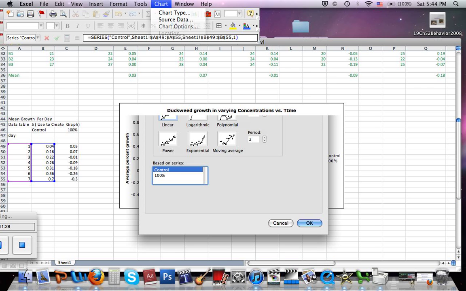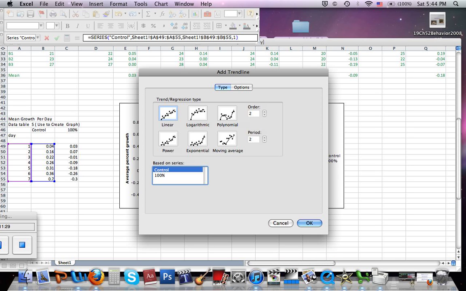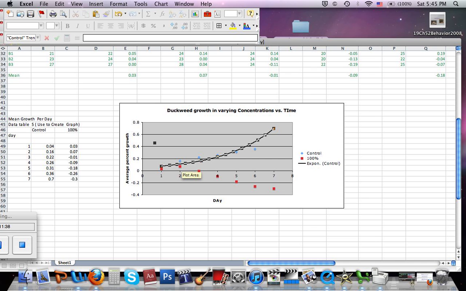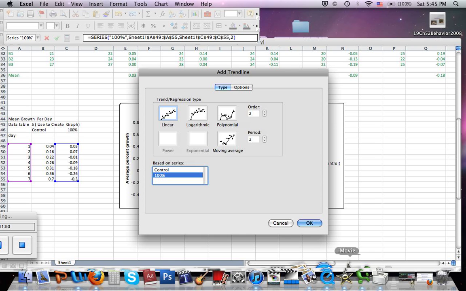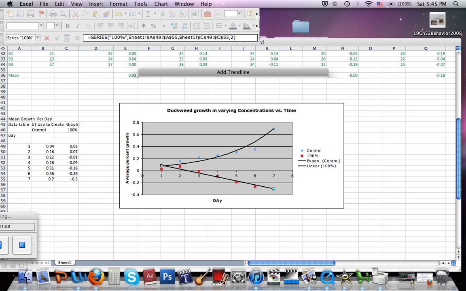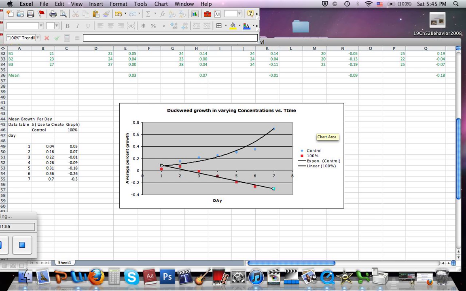You're going to add your trend line, and that first one for the control looked a little bit like exponential. That looked like the shape of what the points were forming. So I'm going to go ahead and enter that. I think this point here is erroneous. Okay, so we're going to do the same thing for add trend line for this one as well. That one looked to be a little bit more linear, so we're going to add our linear trend there.